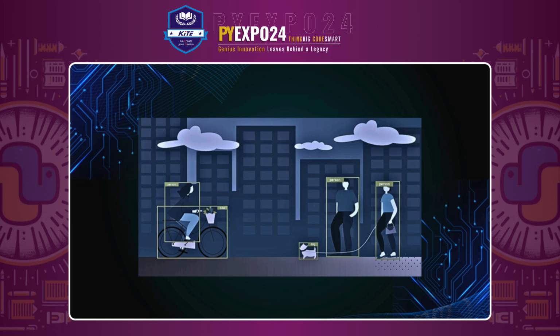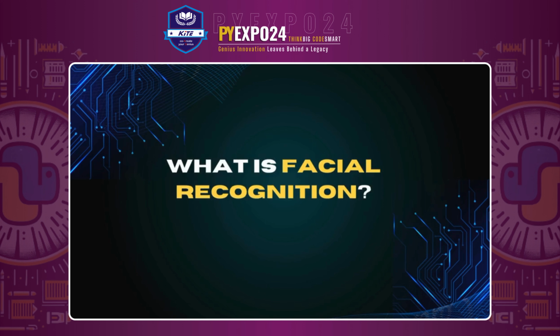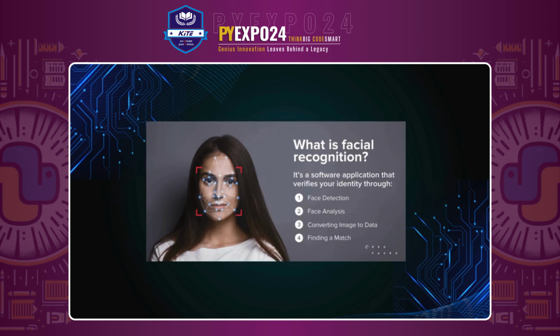Then next one is face recognition. Face recognition is a technique to identify or verify a face from digital images or video frames. A human can quickly identify faces without much effort. It is an effortless task for us, but a difficult task for a computer.